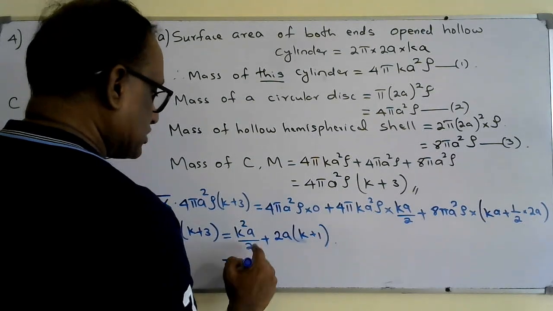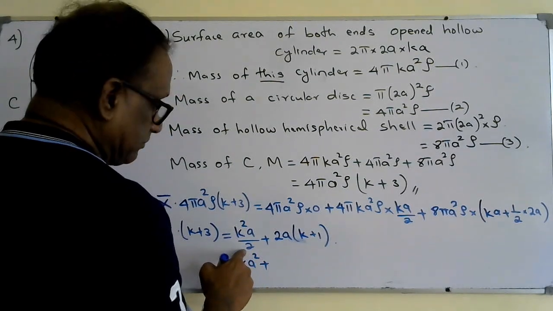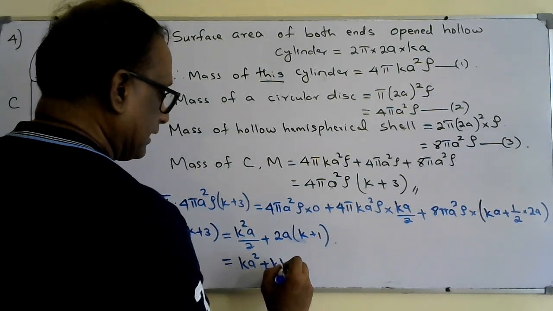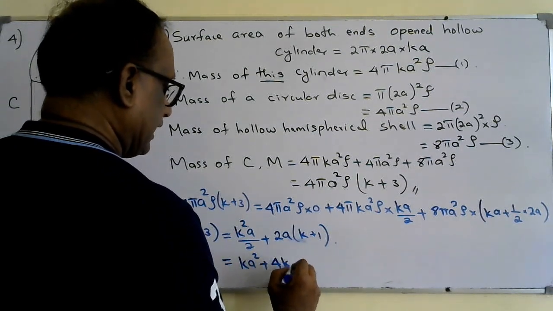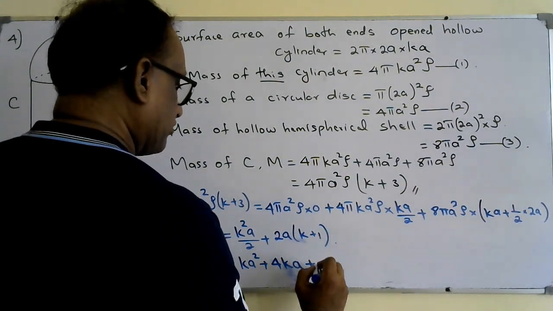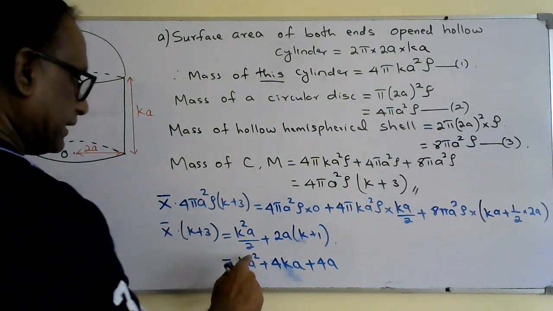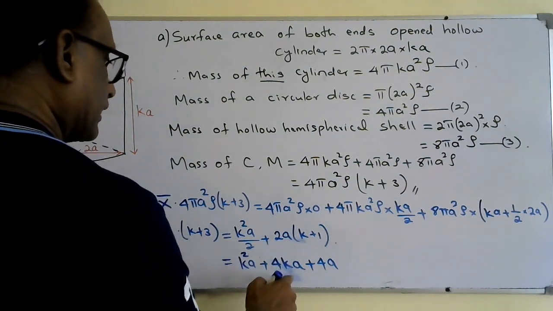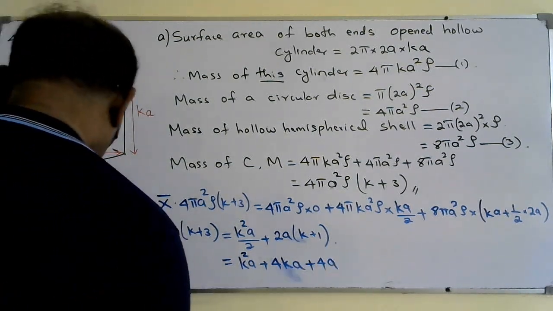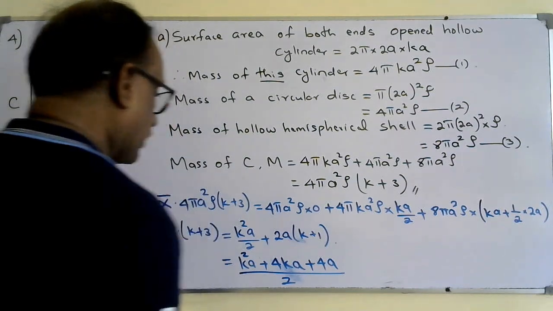If you take 2 as the LCM, we get K squared a plus 4Ka plus 4a, all over 2. Okay, so we'll finish it.